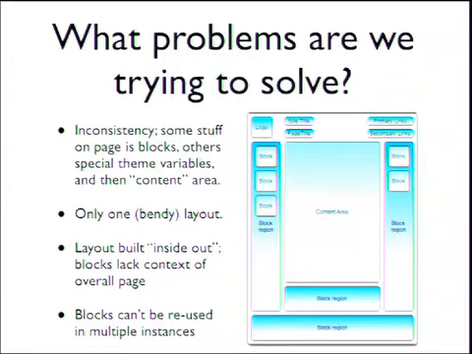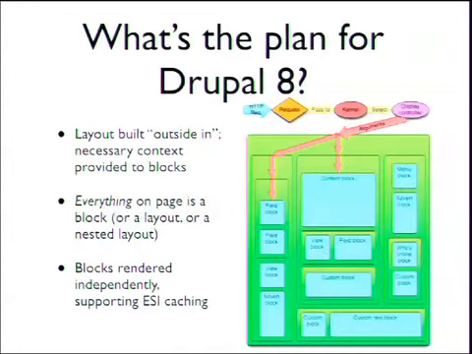And another annoying thing is you can't reuse a block in multiple instances. If you want your user login block to appear on the left sidebar everywhere else on your site, except for one part where you want it on the right sidebar, you can't, because you've used that one user login block already. So you need contributed modules for this. You need to duplicate the block, and it's very annoying and confusing.